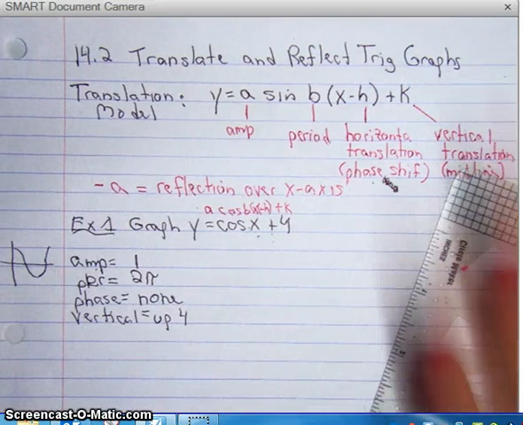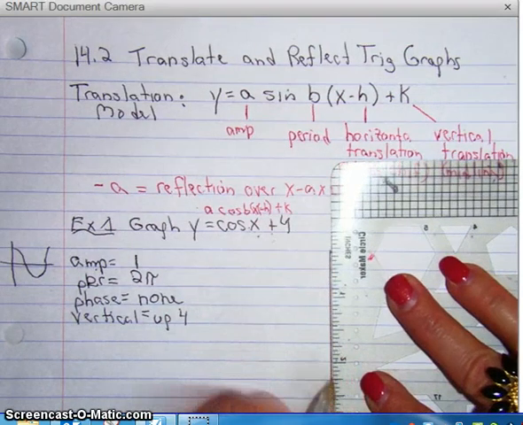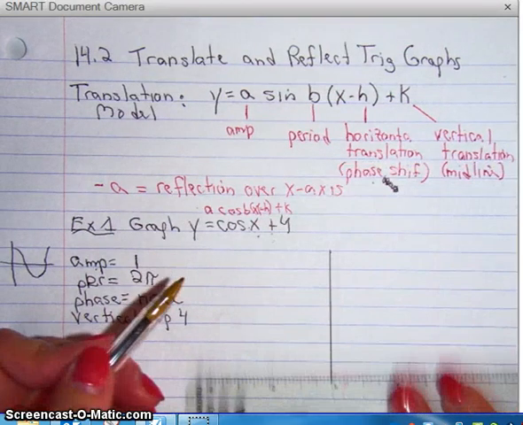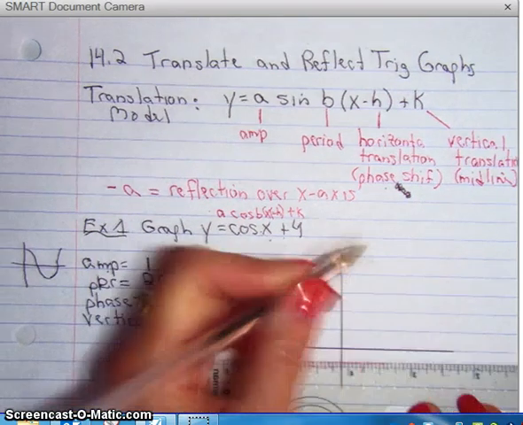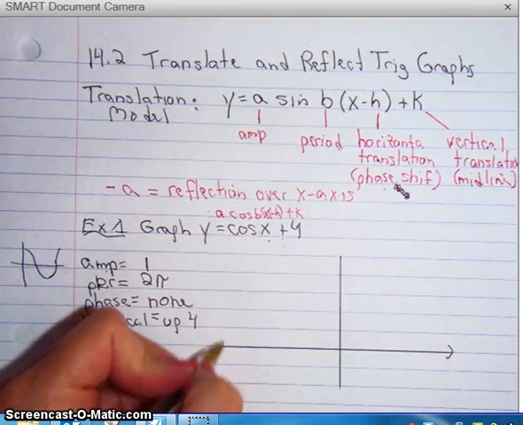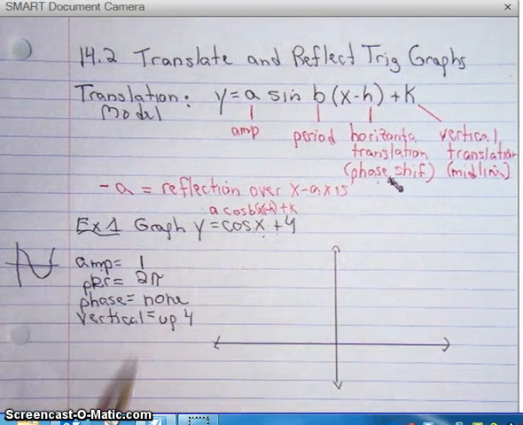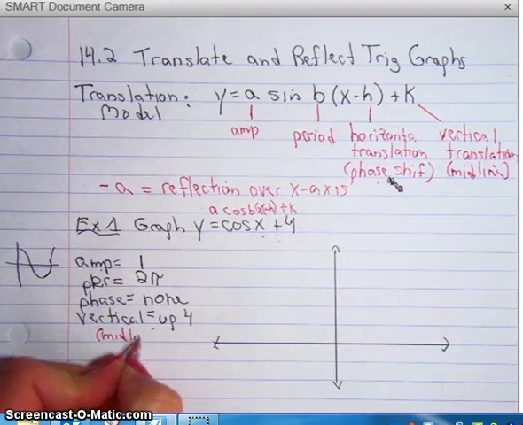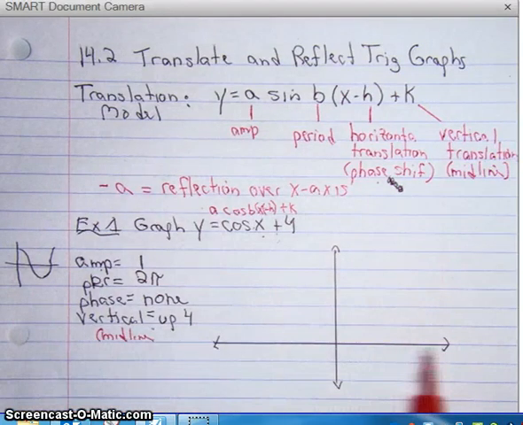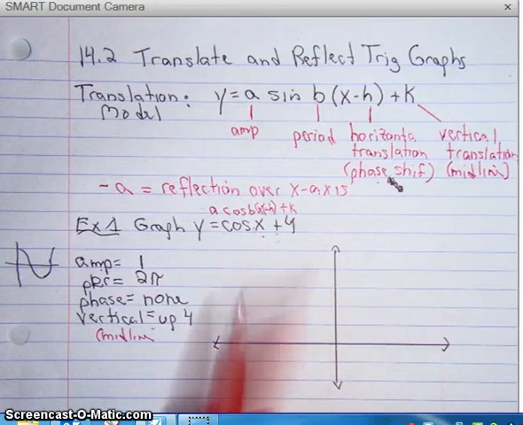So when you do your coordinate plane, I'm going to put the original x-axis right down here. And because there's a vertical shift, this means that the midline is going to go up 4. So the midline is like this x-axis. It's going to go up 4. 1, 2, 3, 4. All right?